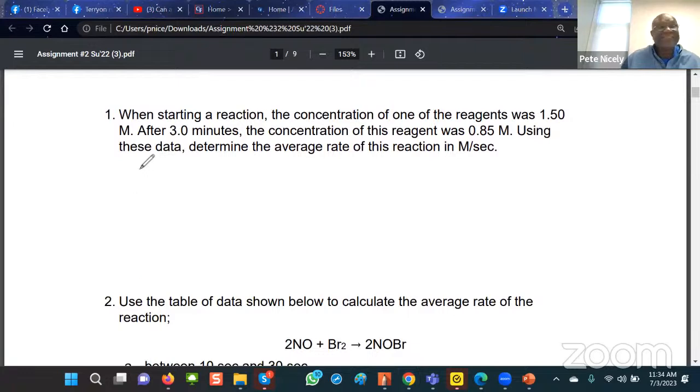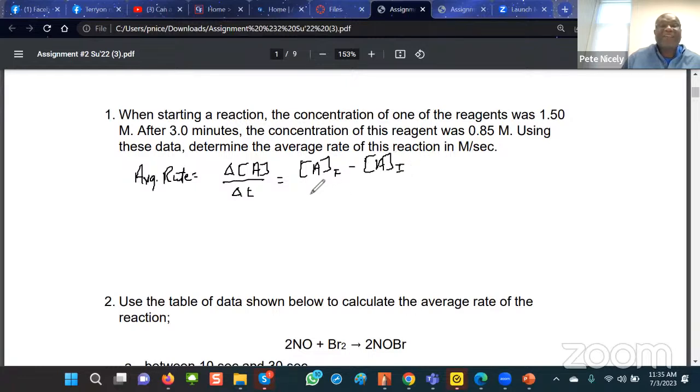the average rate, let me write this down here just to help you guys, would be equal to the change in the concentration of the reagent, I'm going to call it A, divided by change in time, and that would be equal to the final concentration of A, I'm going to put final here, minus the initial concentration of A, divided by T final minus T initial, all right?